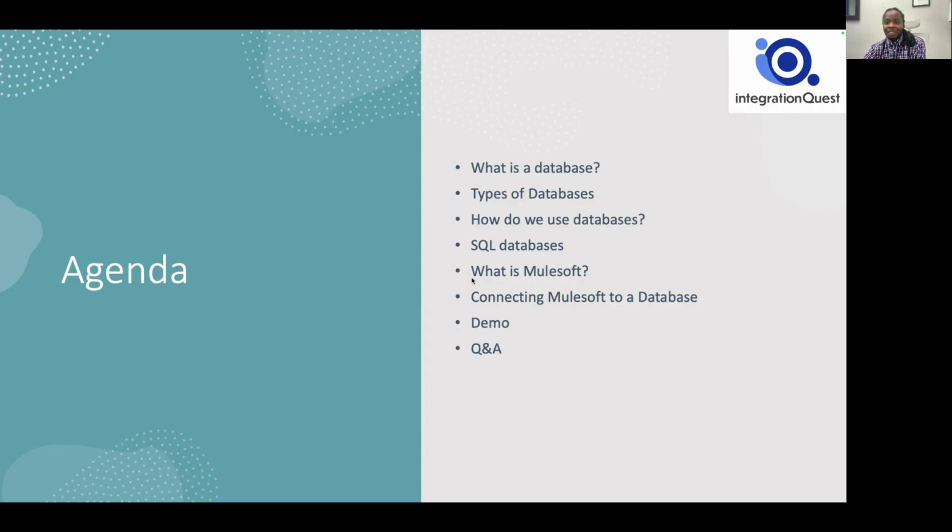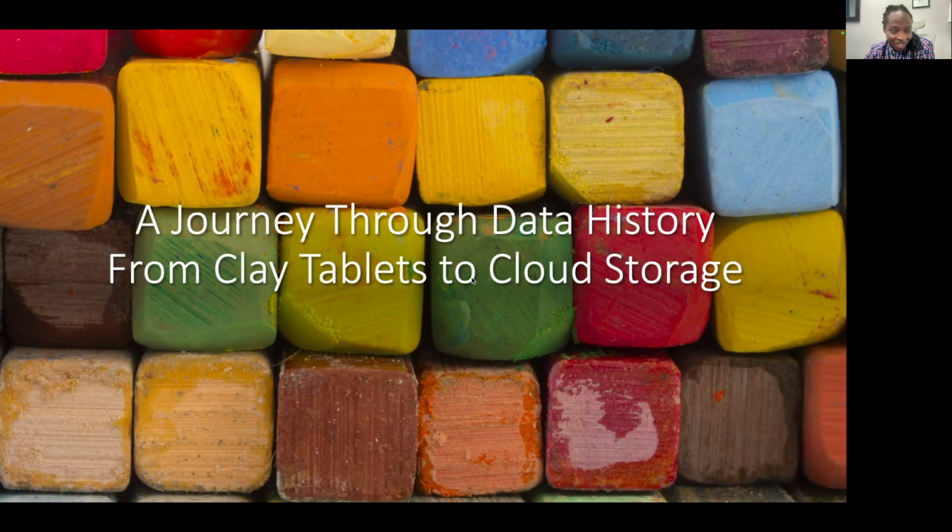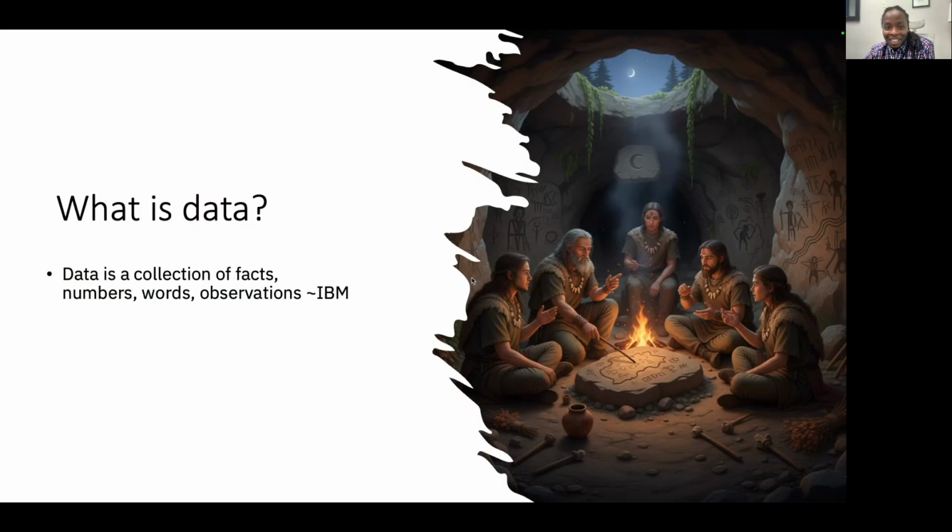All right. So before we get into the nitty gritties of the databases, it's important to understand the history of data and storage and how we came into databases. So we're going to start way back and ask ourselves, what is data?